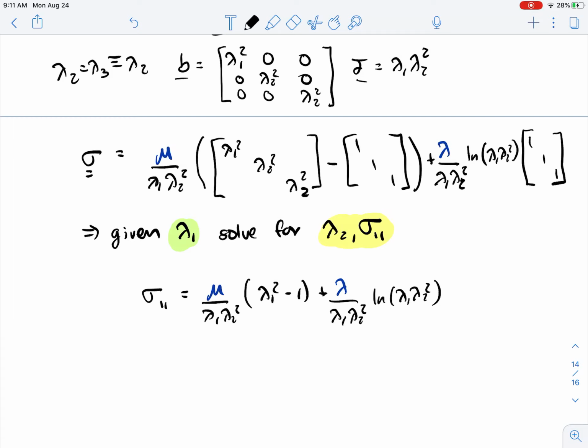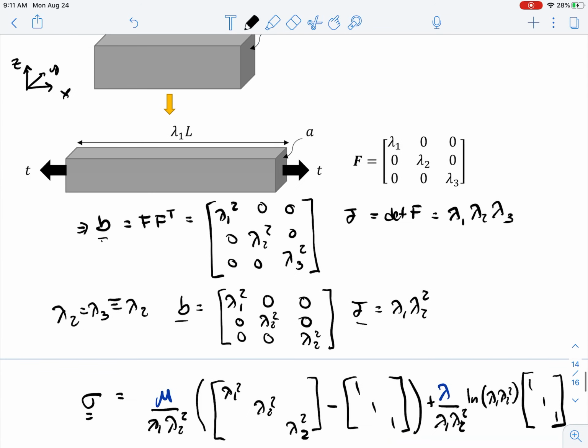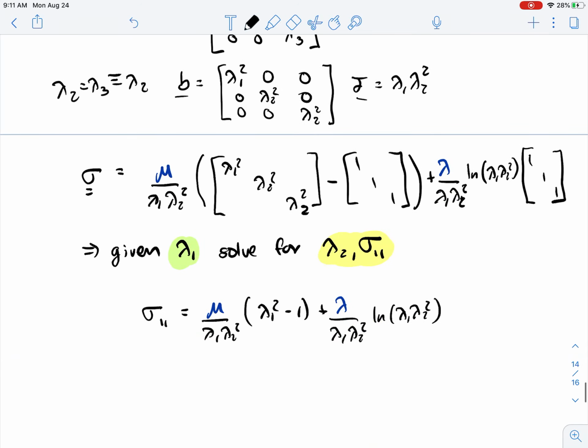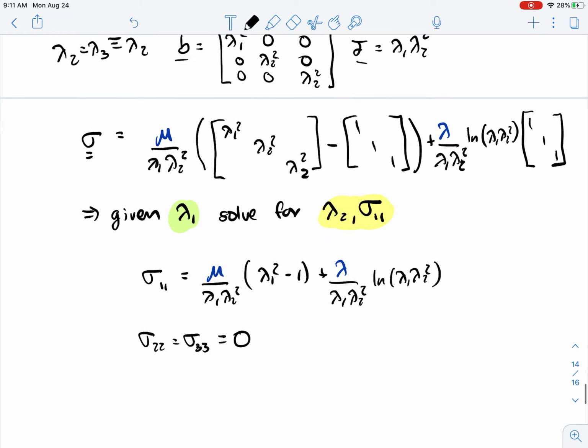And then the other equation is, you can see that here everything is 0. So for the stress, everything is 0 except the diagonal could be non-zero. And then what happens is that there's no forces applied to either of the y or z planes. So because of that, we have sigma 2, 2 equals sigma 3, 3 equals 0.